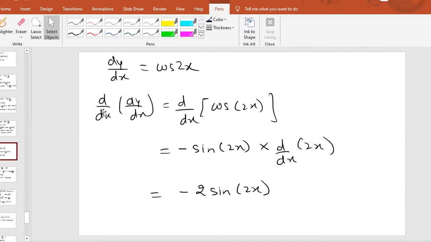Differentiate this dy by dx with respect to x and we get d square y by dx square. Inside it is 2x, which means it is a function of x. So differentiating cos gives minus sine 2x into d by dx of 2x, which means minus 2 sine 2x.